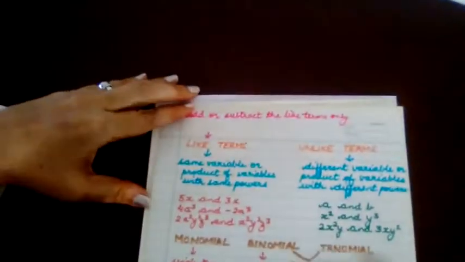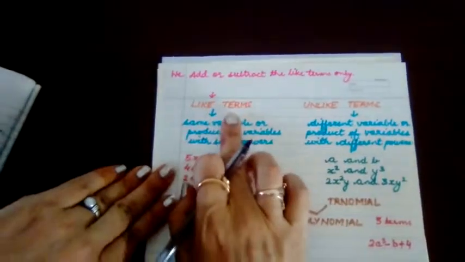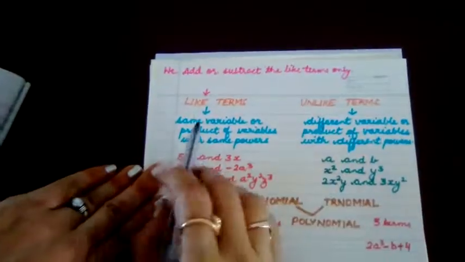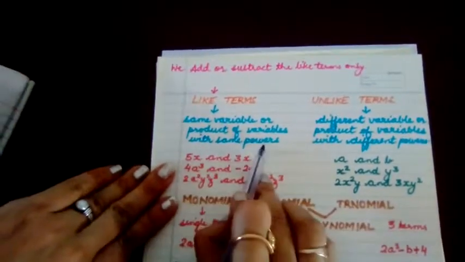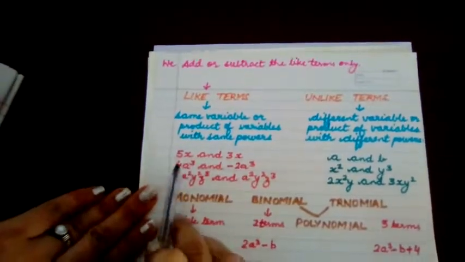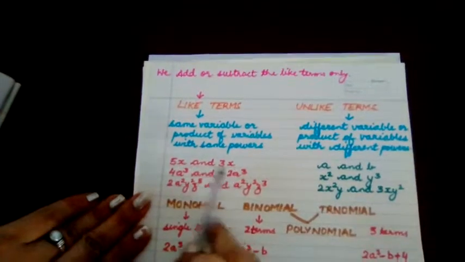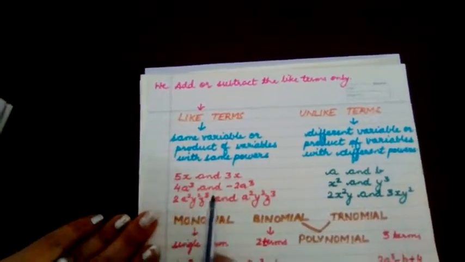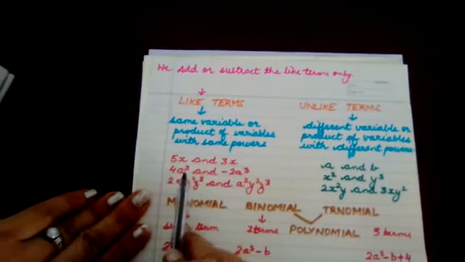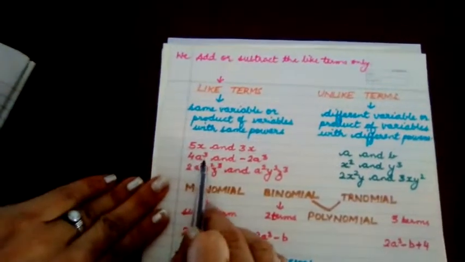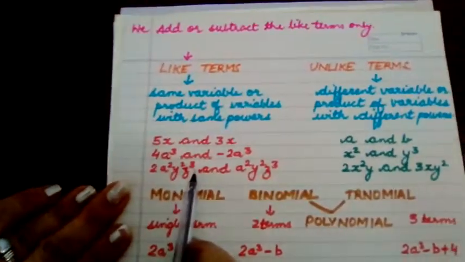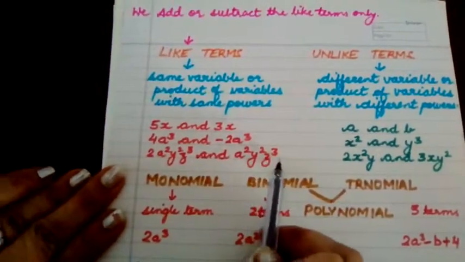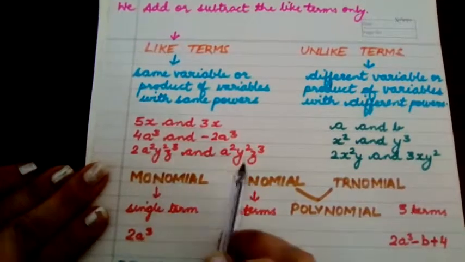Now we see terms which are like terms or unlike terms. Like terms have the same variable or product of variables with the same powers, like 5x and 3x, same variables; 4a cube and minus 2a cube; 2a square y square z cube and a square y square z cube, same powers of the variables.